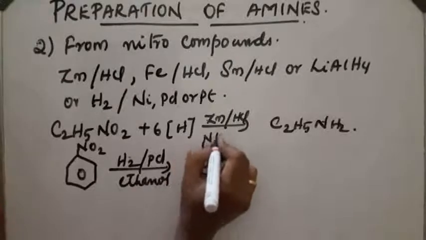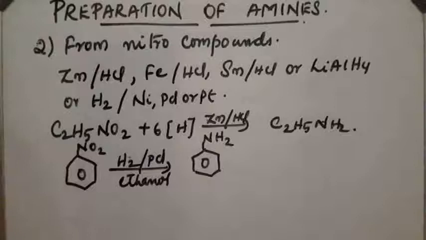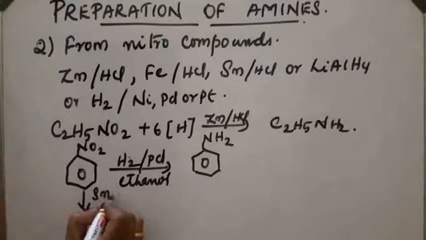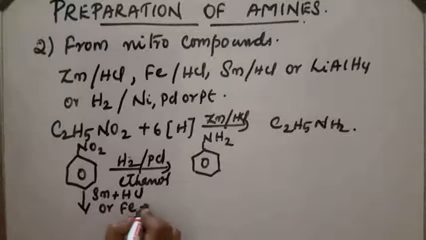Similarly, this nitro compound can also be reduced with tin and HCl or iron and HCl. Again, aniline will be obtained.